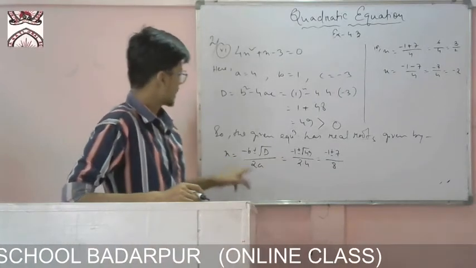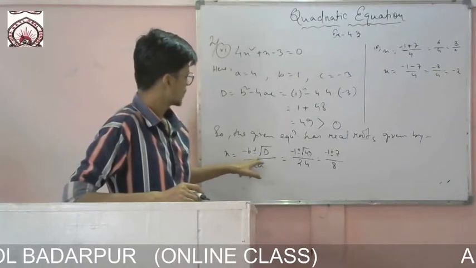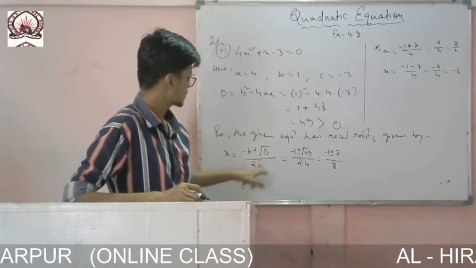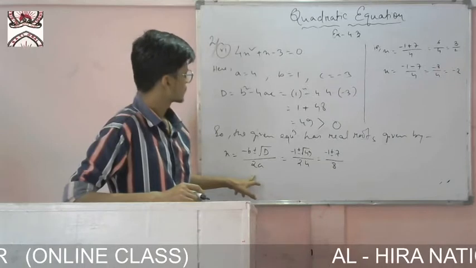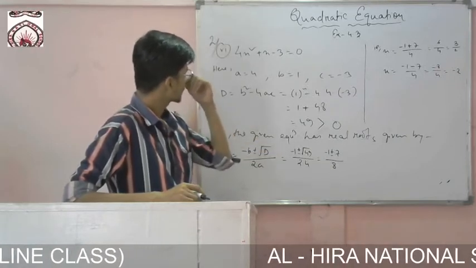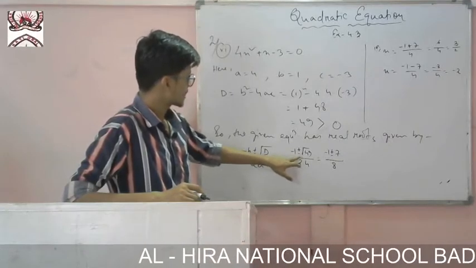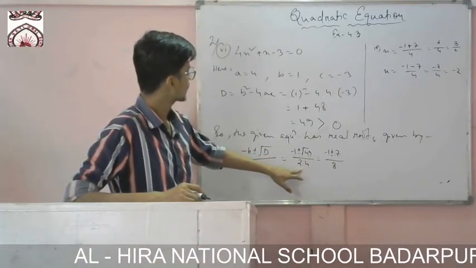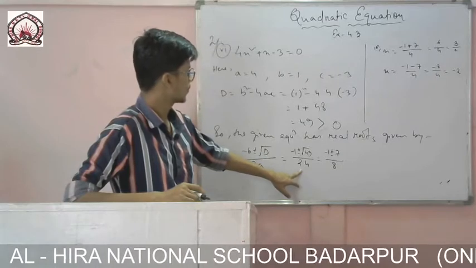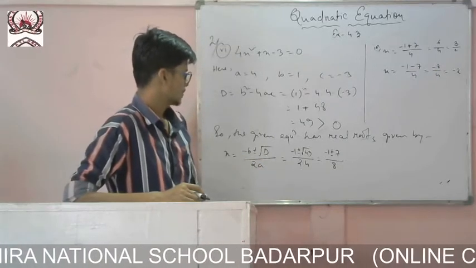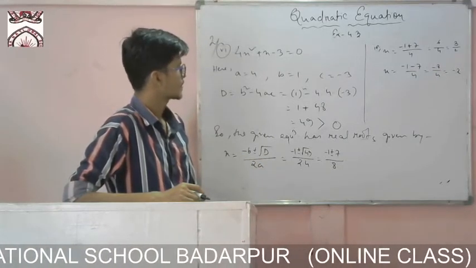Minus b plus minus root over b square minus 4ac, that is discriminant by twice a. So minus b here, that is minus 1 plus minus root over 49 by 2 into a, that is 2 into 4. So it is minus 1 plus minus 7 by 4.